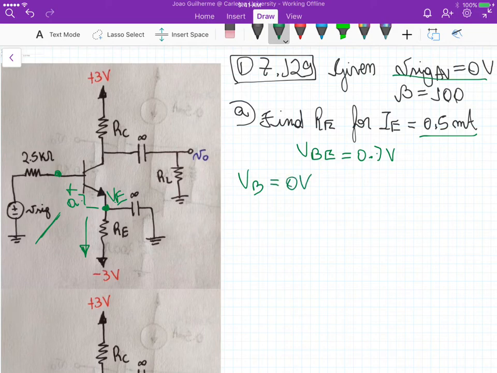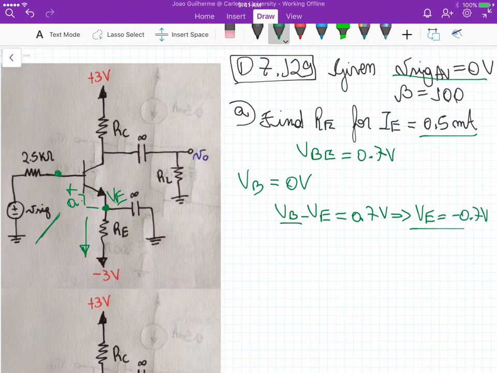Assuming active mode operation, we have VBE equals 0.7. So if we expand this, VB minus VE is equal to 0.7. Now VB we know is 0. So this gives us VE equals minus 0.7 volts.